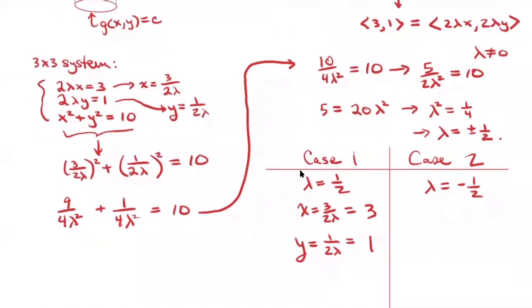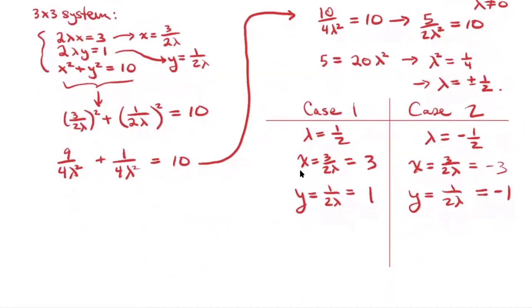Okay. And then in case 2, x is still 3 over 2 lambda, but I can't use anything from case 1. I'm just using the equation from before. Okay, but lambda is a negative a half, so this is going to be negative 3. Y is 1 over 2 lambda. Lambda is negative a half, so that'll be negative 1. So your points are 3, 1, and negative 3, negative 1.